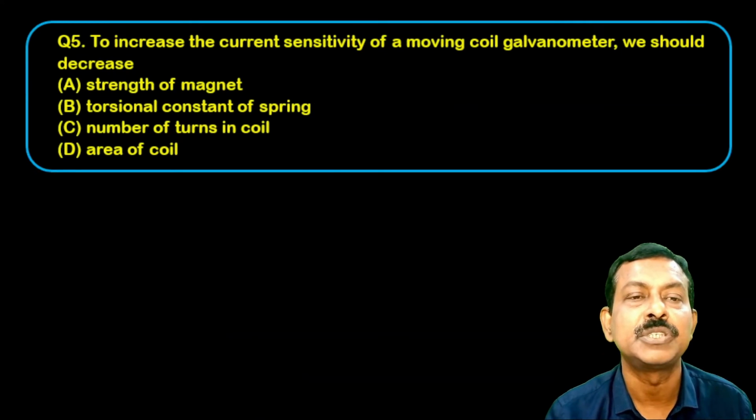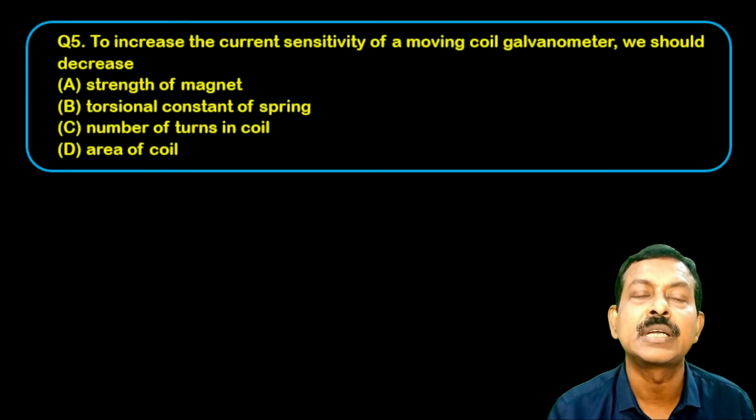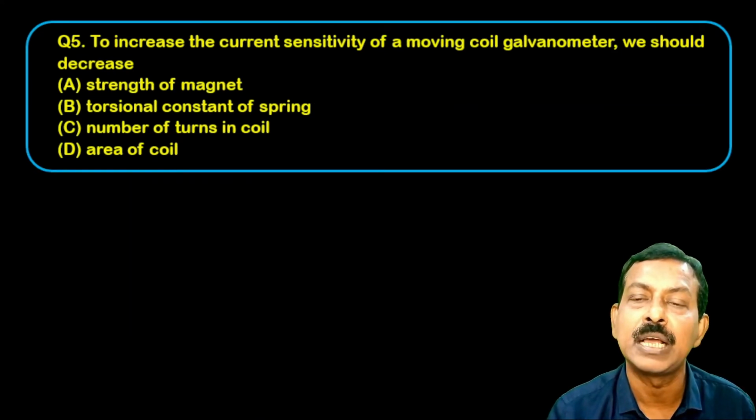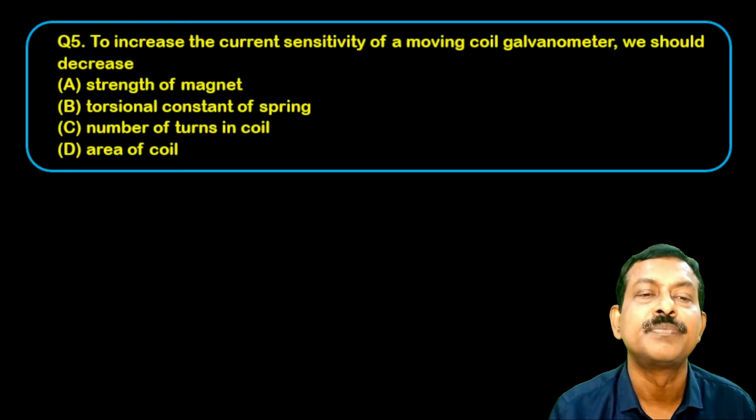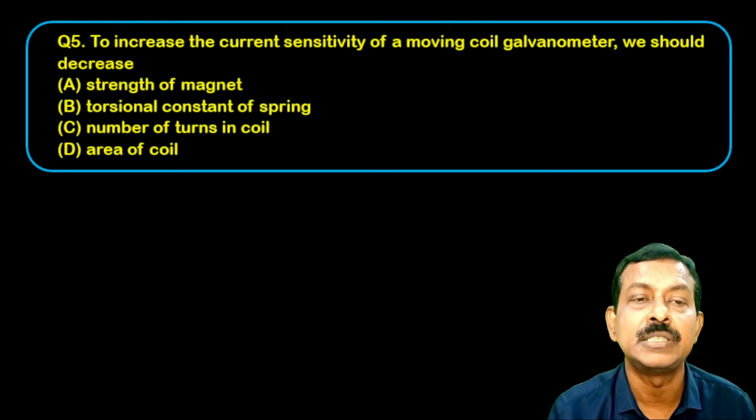Let's take the next question. To increase the current sensitivity of a moving coil galvanometer, we should decrease what? Now see, what is the current sensitivity?